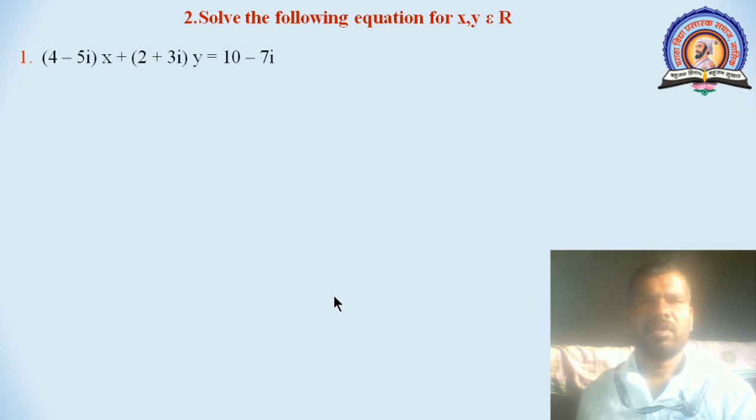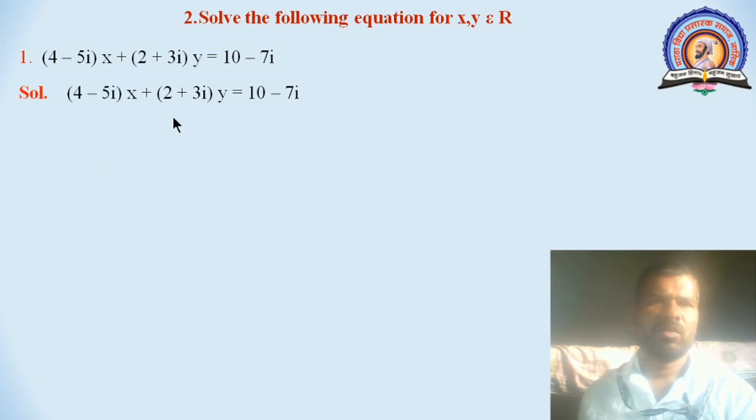Now next example is solve the following equation for x and y belongs to R, R is real number. Given that (4 minus 5i) into x plus (2 plus 3i) into y is equal to 10 minus 7i. So given thing is as it is.